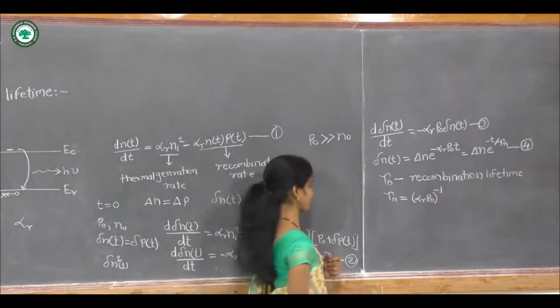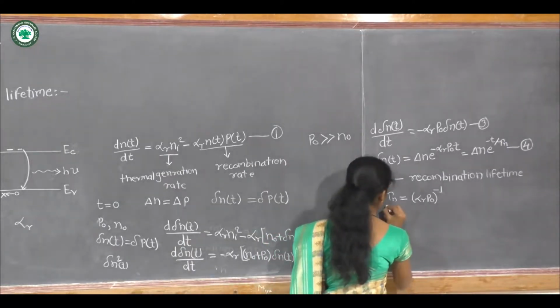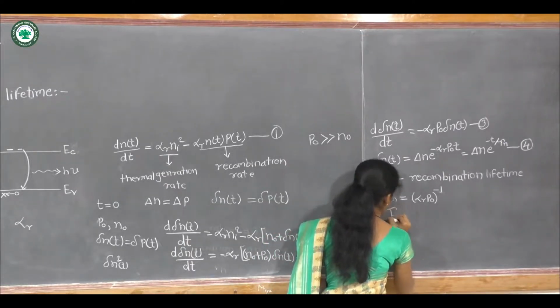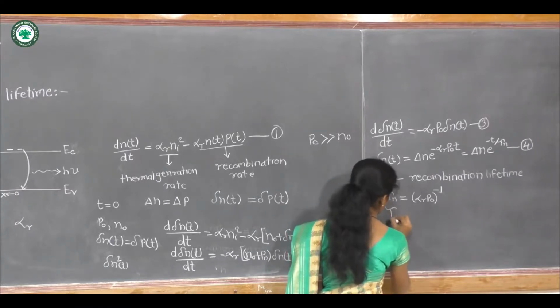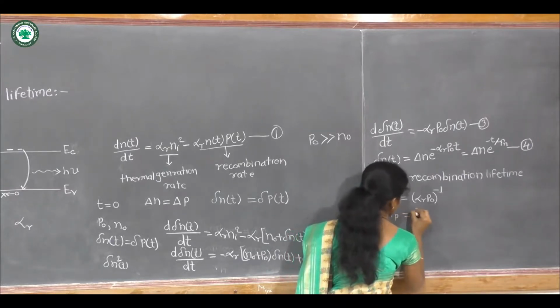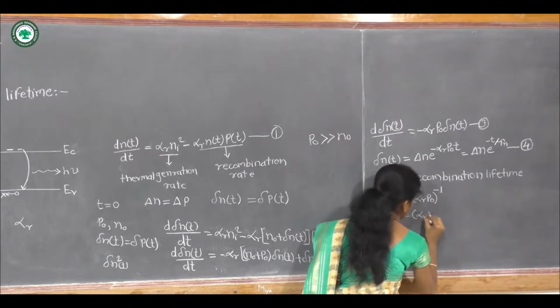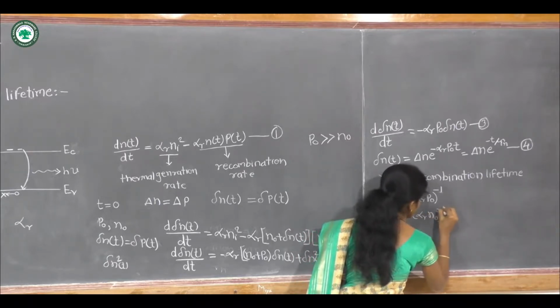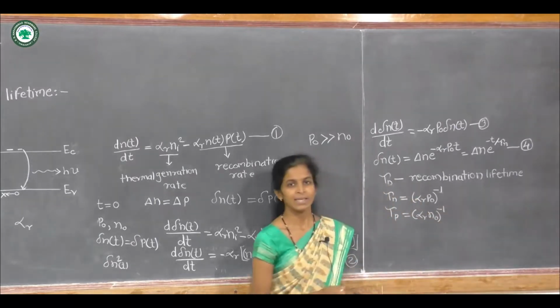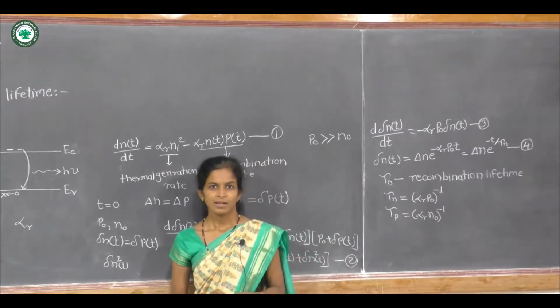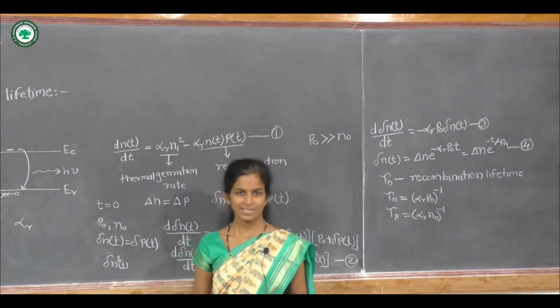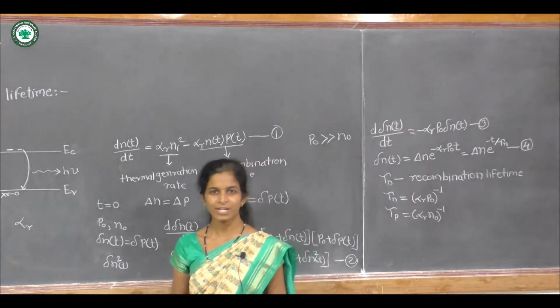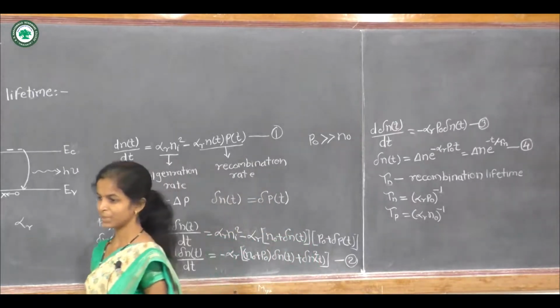Also one may write the excess hole lifetime tau p, which is equal to (alpha r into n0) inverse. So this is the excess hole lifetime in n-type material.